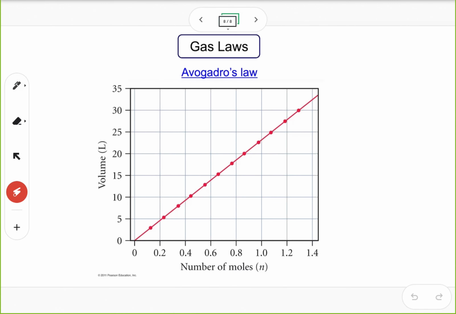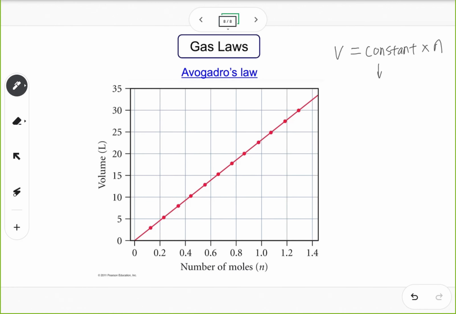It's quite obvious. So if you want to use a mathematical equation to reflect the connection between the two, that is going to be volume equals a constant times N. Remember, N is the mole number. And reorganize this equation, V over N equals a constant.